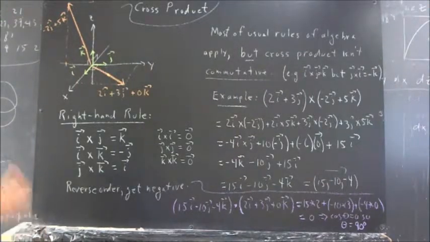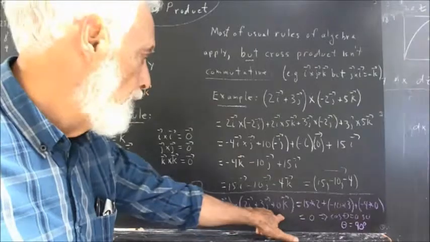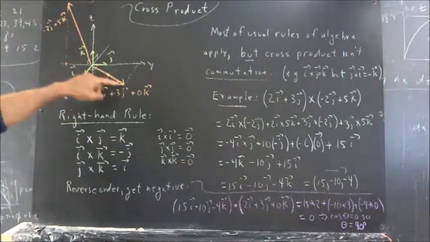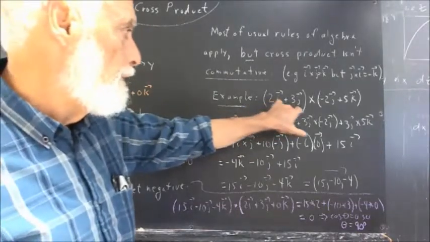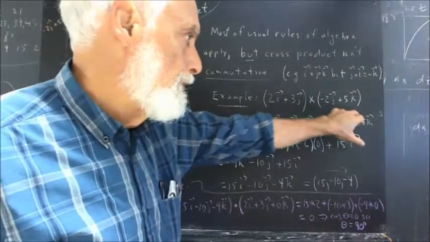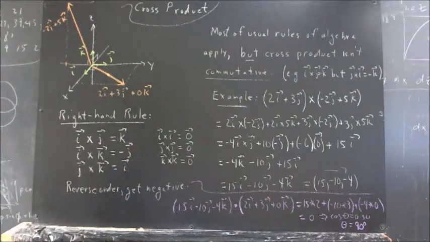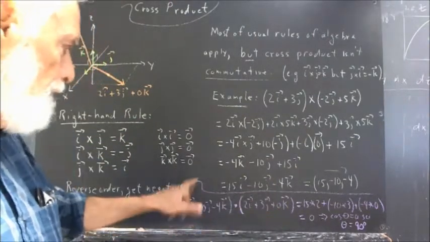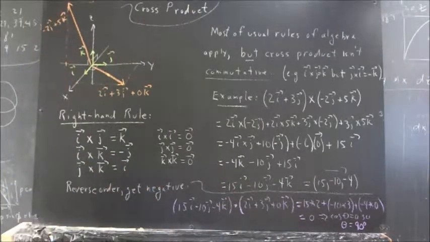Now, I observe that if I do the dot product of this vector with this vector, and of course this vector is this one, and I've got the 0K in there. It wasn't necessary to write the 0K here, it wasn't necessary to write the 0I here, but if we want to do the dot product, we're going to have I, J, and K components, and the dot product here works just like it does in 2 dimensions.